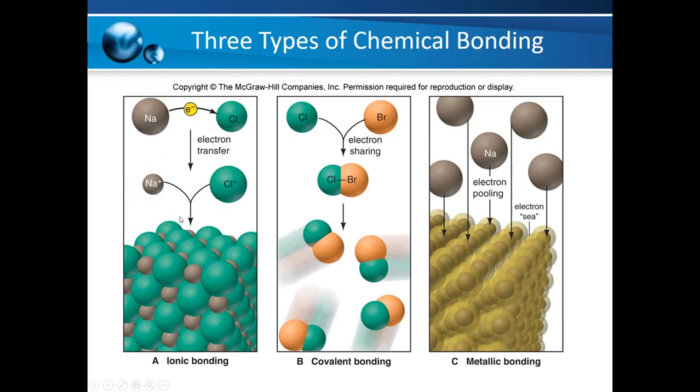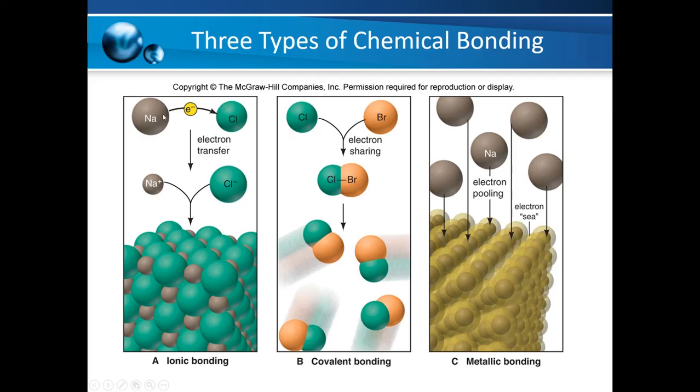When this happens, we call it ionic bonding, because sodium is electropositive, so it will give the electron, and chlorine will accept the electron.